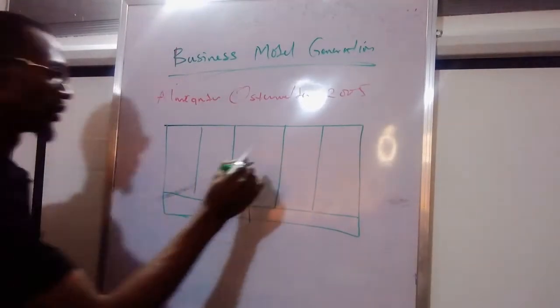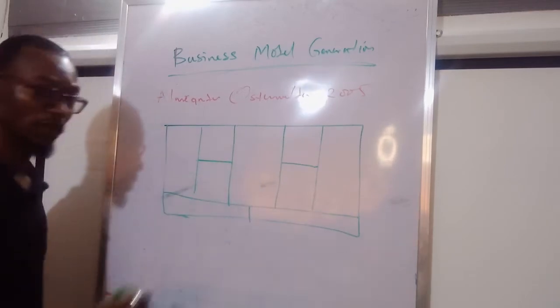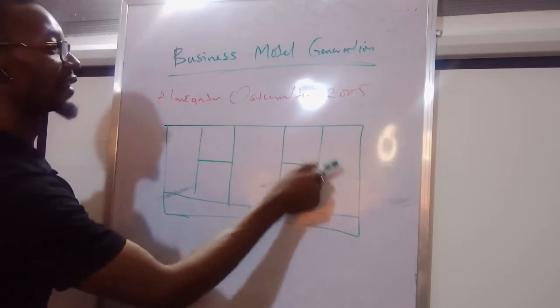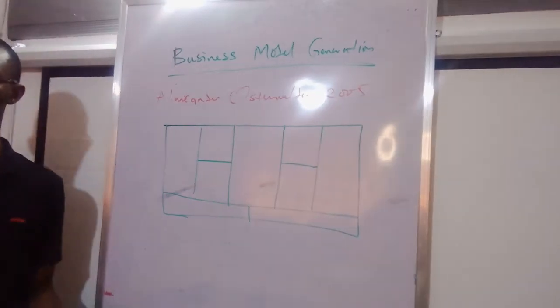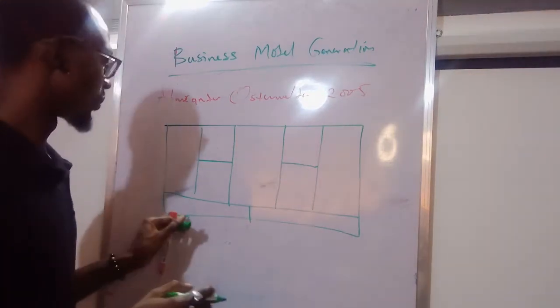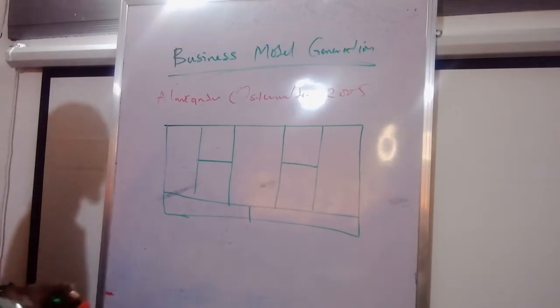And this part, divide into 2 again, and divide this part into 2 again, making it 1, 2, 3, 4, 5, 6, 7, 8, 9. These are going to be populated with the 9 building blocks we're going to be talking about.